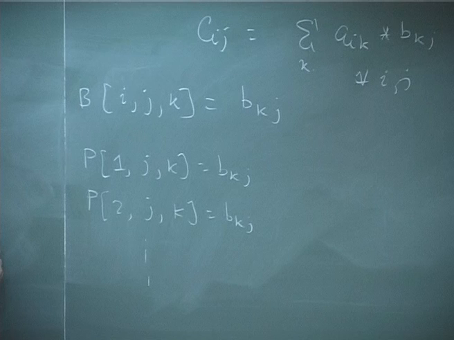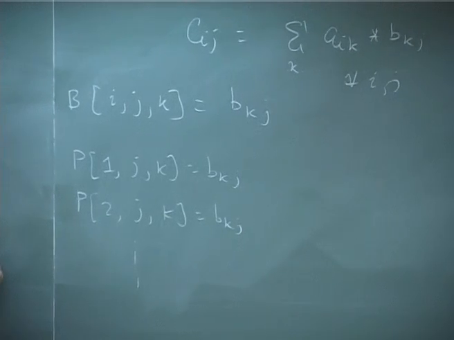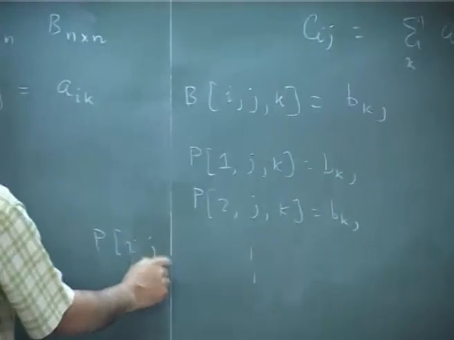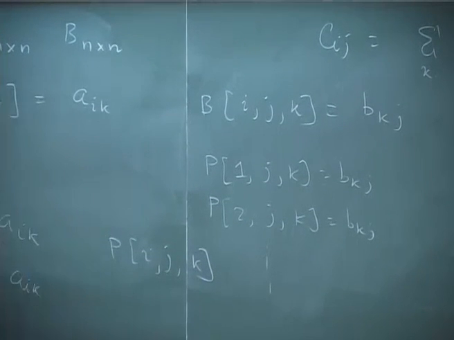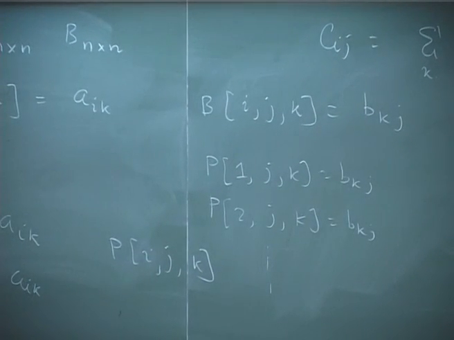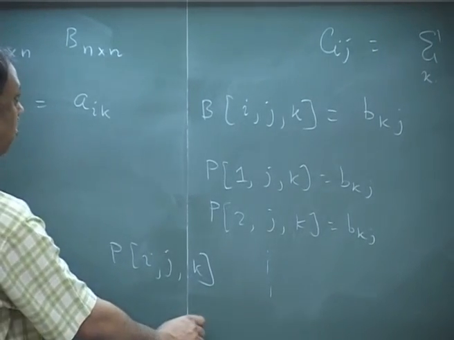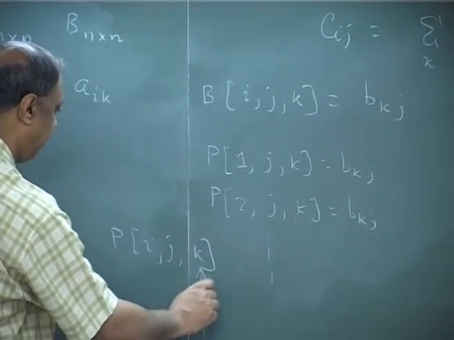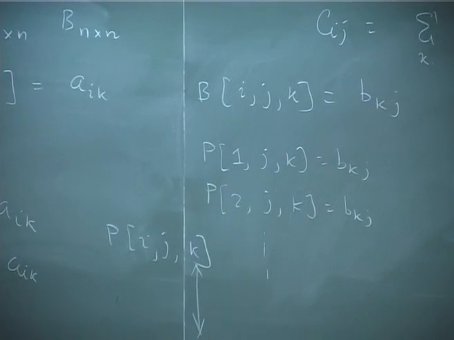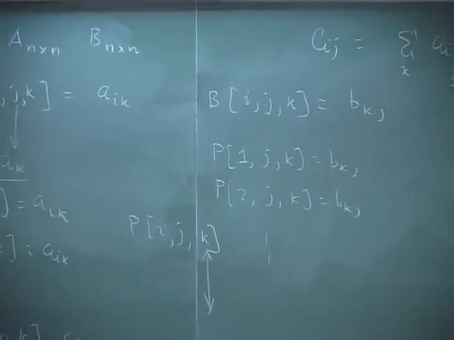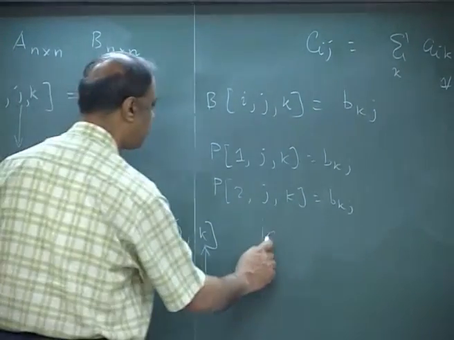Now you observe that P(i,j,k), for all k, they contain the elements of Cij.